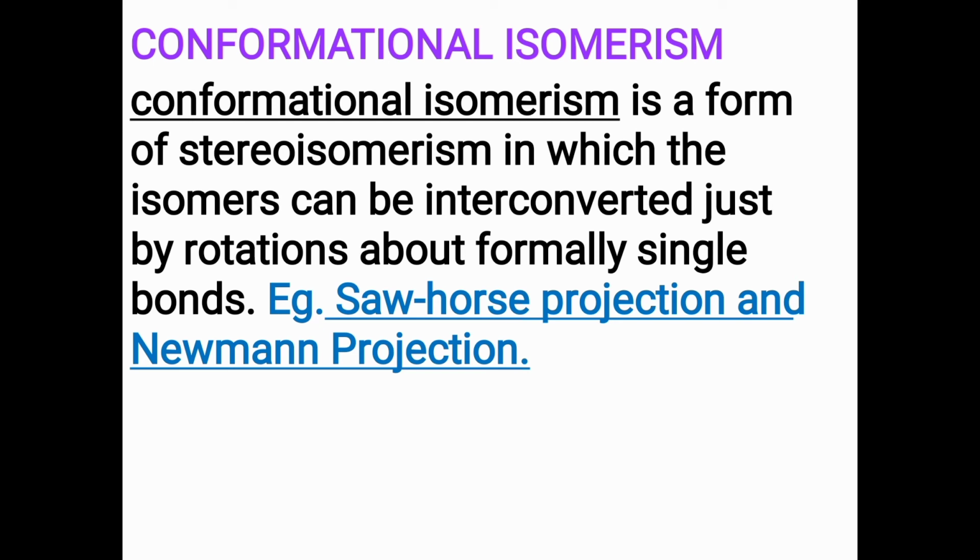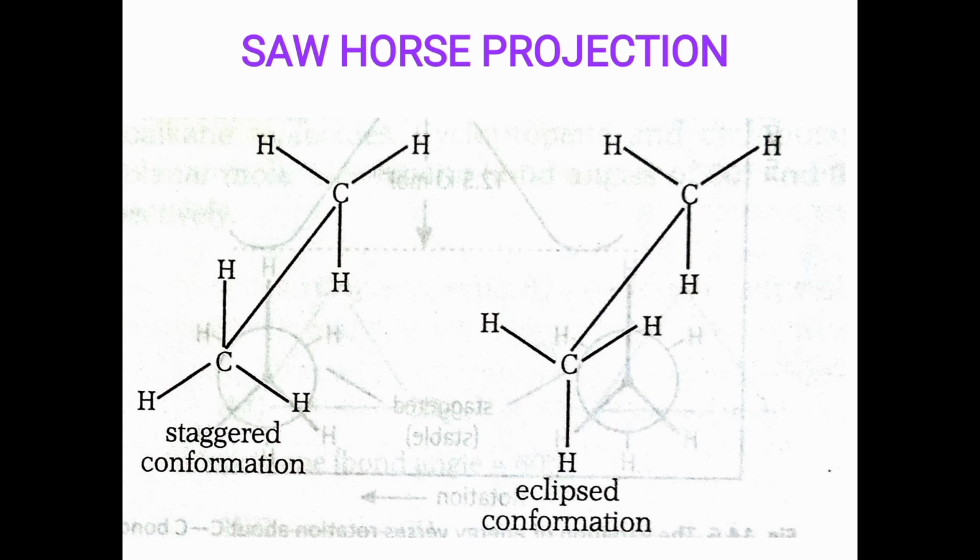Based on this, we have the Sawhorse projection and Newman projection. Example here, you see carbon to carbon is a sigma bond, and the groups attached are hydrogen 1, 2, 3 on each carbon. Here the carbon to carbon bond can be in two states.